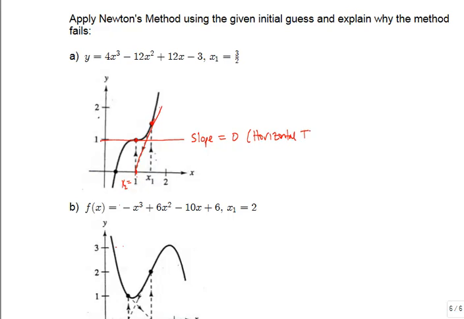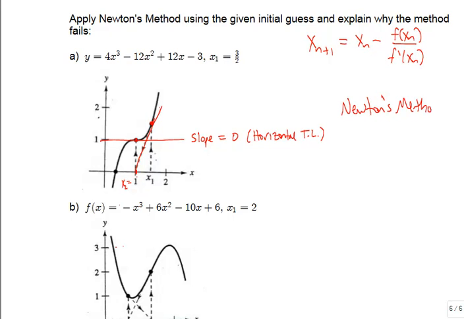And that is why Newton's method is going to fail, because remember, in Newton's method, you are always dividing by the derivative in this formula. And if the derivative ever becomes 0 because you have a horizontal tangent line, then that means you're going to be dividing by 0.